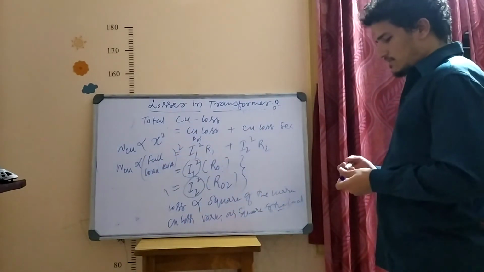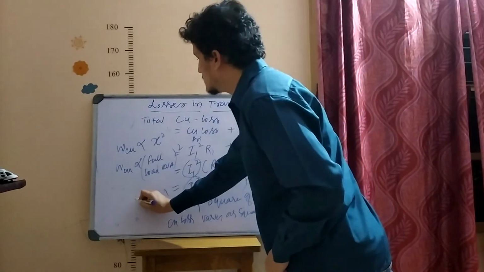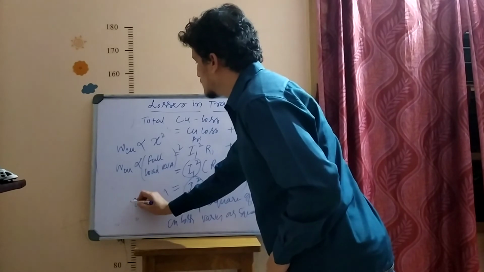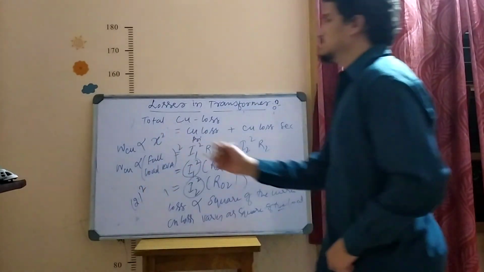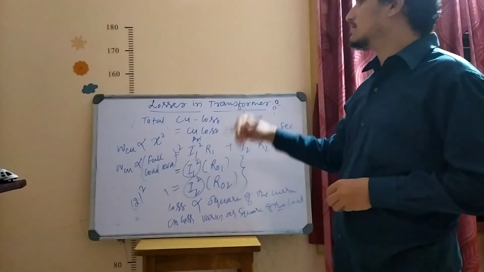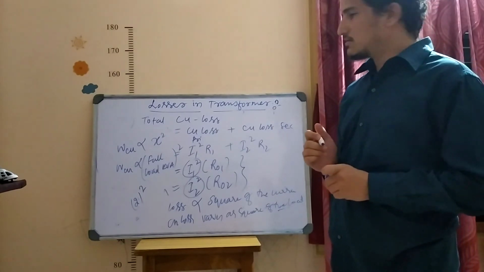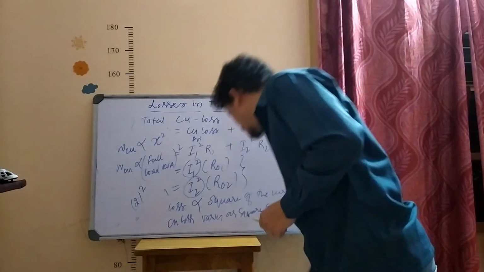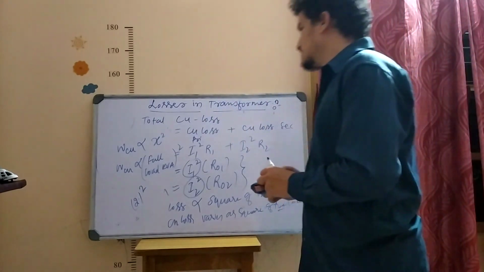Means if, say for example, the load on the transformer changes by 2 times, the copper loss will change by square times. Copper loss will change as the square of the load. It will be more clarified in the numerical problems.